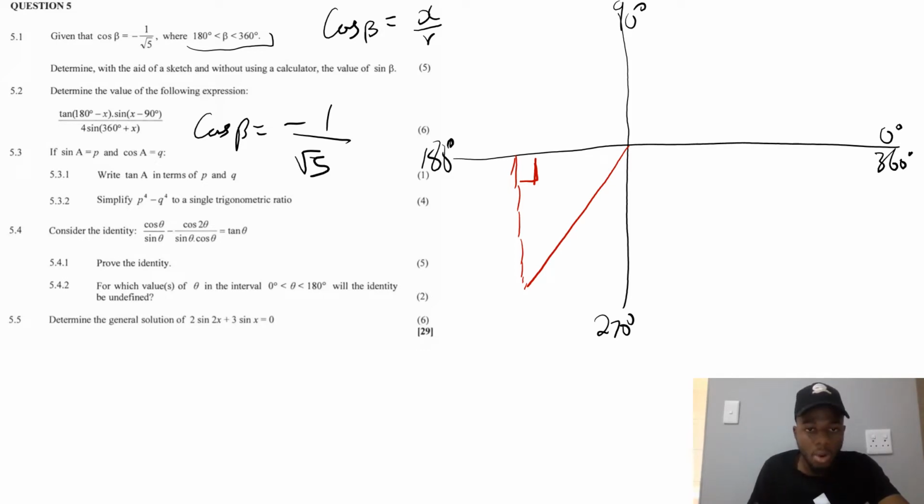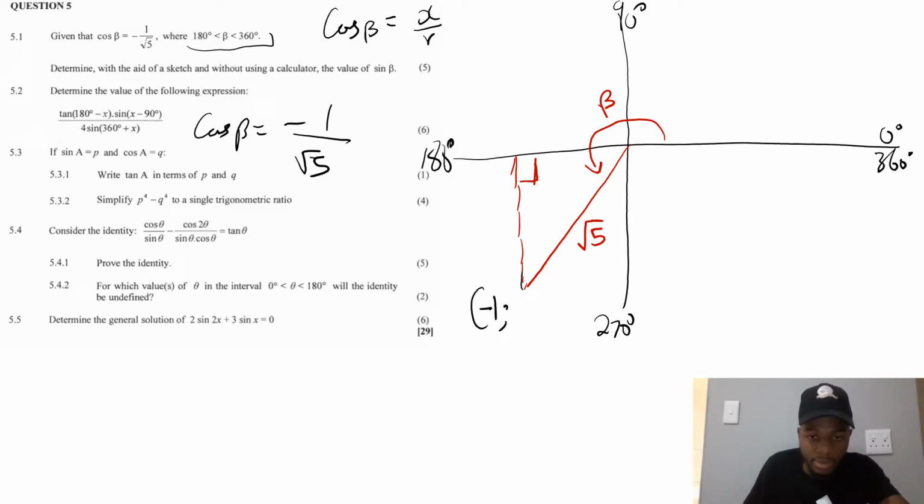And mind you, the value of r is always positive because it's a length. So we have root of 5 here. I forgot to write our angle. Our angle is beta. We have the value of x as -1.